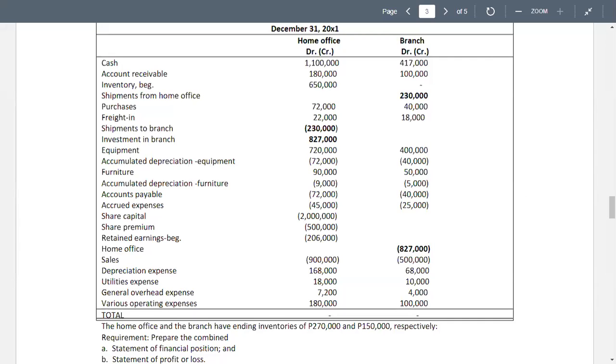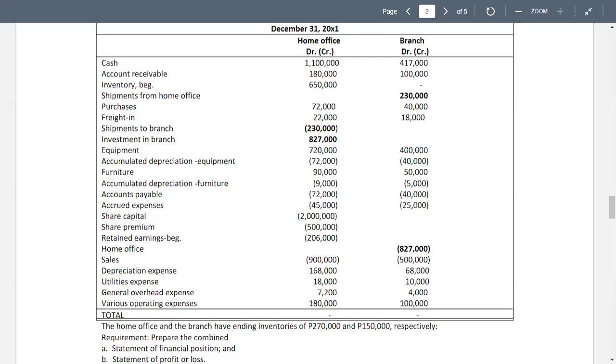The inventory amount that you find in your combined balances column is the inventory beginning. The inventory end is the one that you should forward to your statement of financial position.